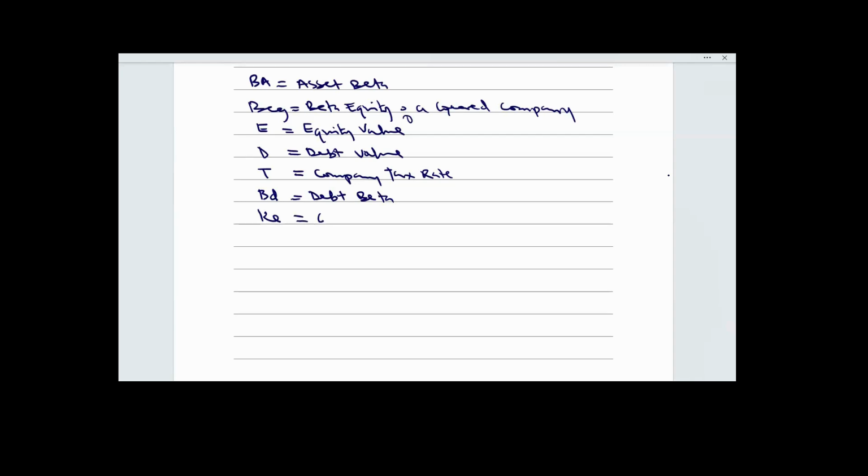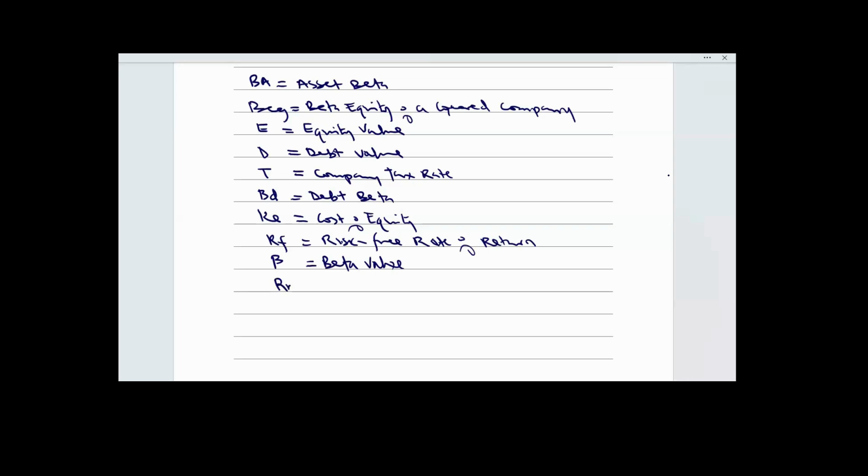Then, of course, we have KE. You know KE already to be cost of equity. Then you have risk-free rate of return, RF. Then we have RM. Before RM, beta, the beta value.